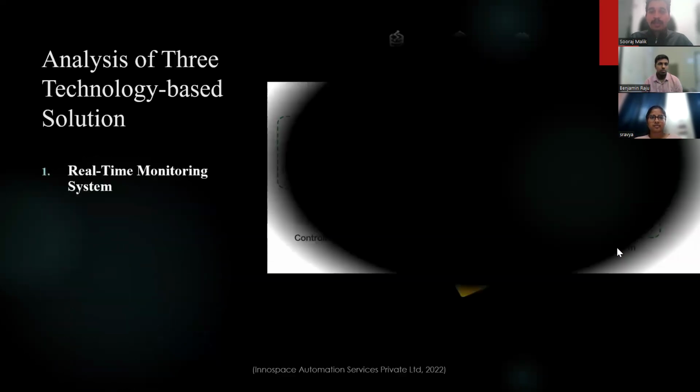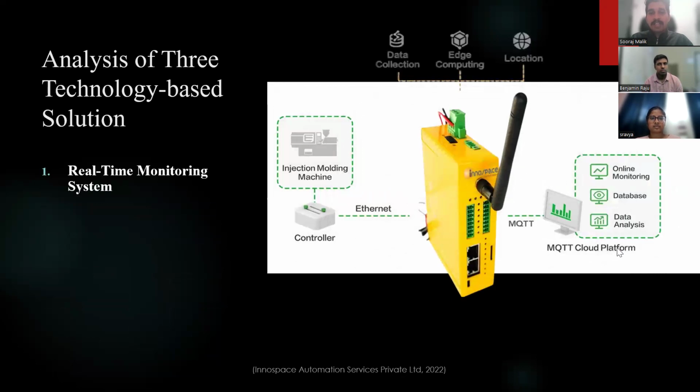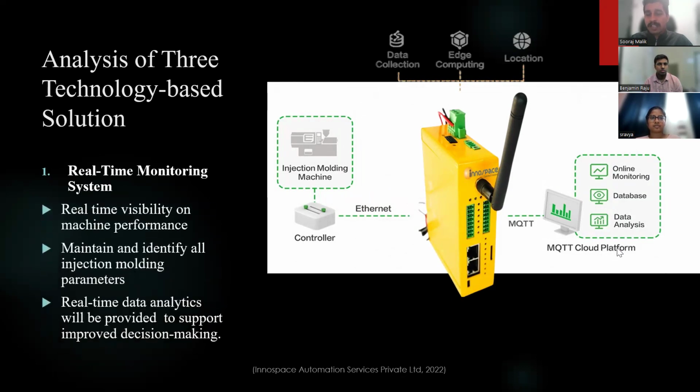Based on our root cause analysis, we are suggesting three technology-based solutions. The first one is a real-time monitoring system. The real-time monitoring system will provide real-time data from the injection molding machine. As we mentioned in the fishbone diagram, the various parameters determine the final quality of the product.